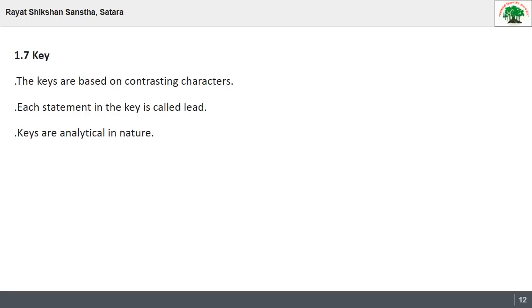1.7 Key. Actually this key is regarding our biology. It is not a lock and key type of key. So this is a taxonomic key. A taxonomic key is a simple tool which is used to identify a specific object. The keys are based on contrasting characters. So these keys are analytical in nature.